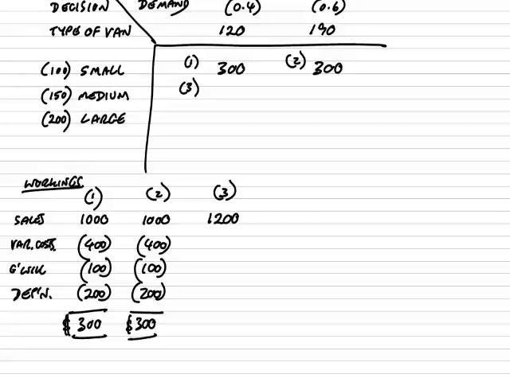Again, we're selling 120, which gives me $432. We've no lost goodwill. However, we have depreciation, and depreciation for a medium van is 300. So this time our profit is what? 468.